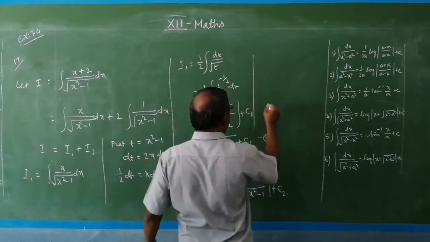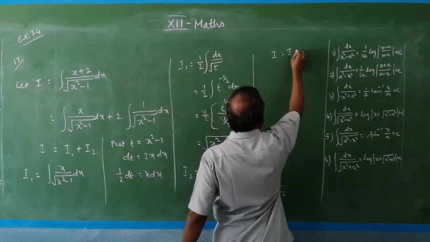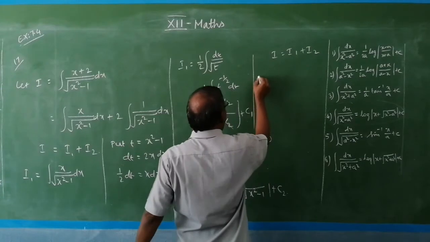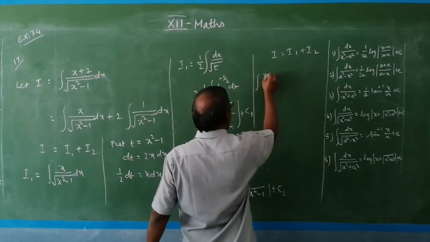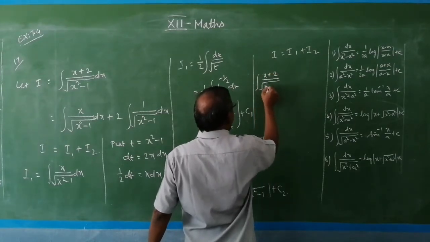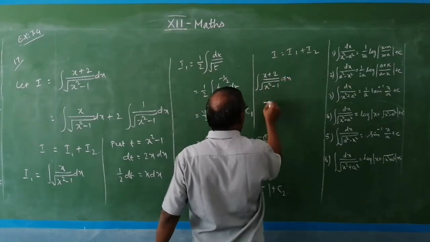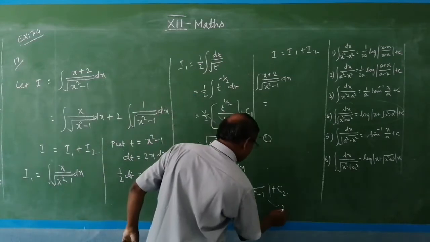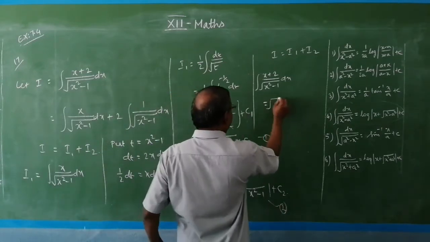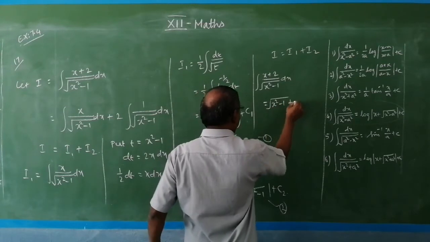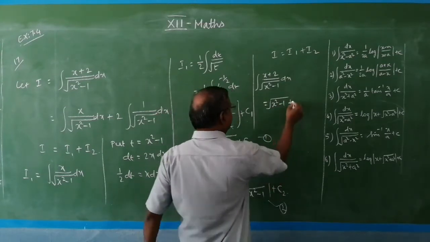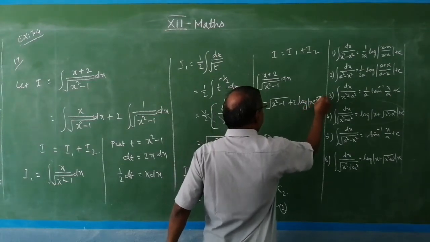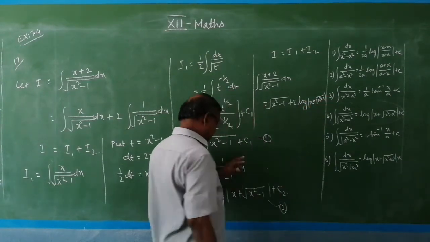Now combining these together, we have I equal to I1 plus I2. Therefore the integral of (x plus 2) divided by root of (x square minus 1) into dx equals, say this is 2, the I1 value, the first result, root of (x square minus 1), plus the second value, 2 into log of modulus of x plus root of (x square minus 1), plus c1 plus c2.